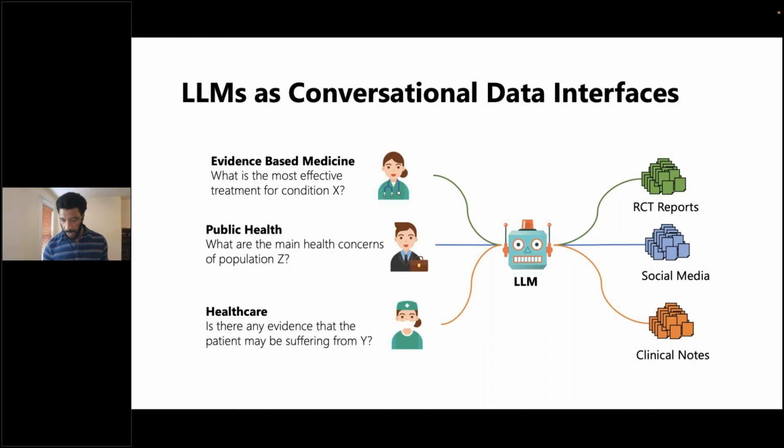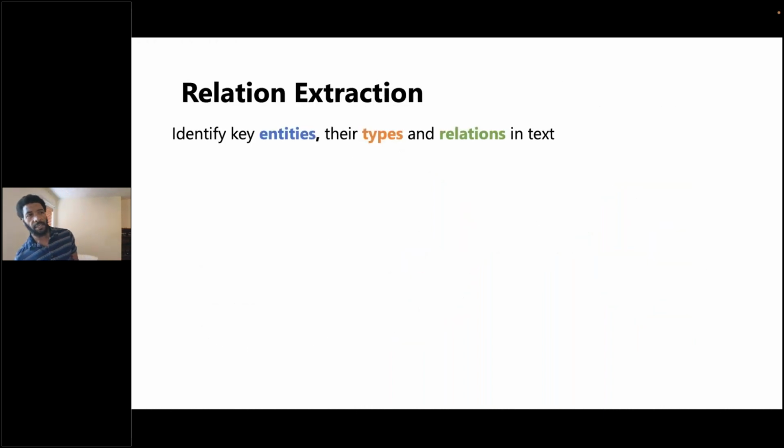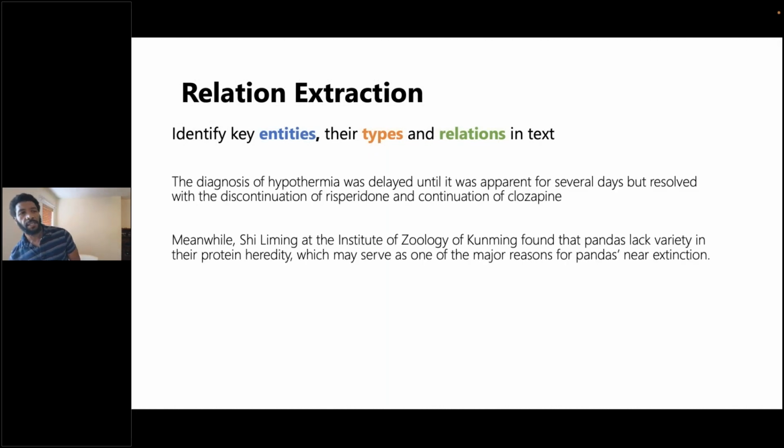And so I would like to start by looking at the task of relation extraction. The goal is to identify entities, their types and relations in text. For example, take a sentence like: the diagnosis of hypothermia was delayed until it was apparent for several days, but resolved with the discontinuation of risperidone and continuation of clozapine.